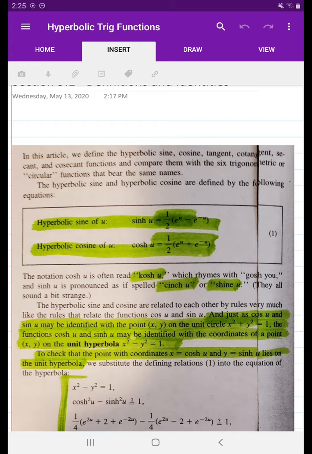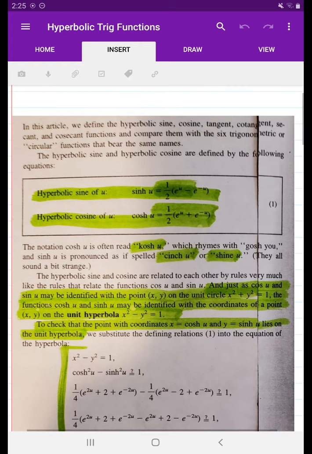You can take every single one of the normal trig functions and rewrite it in terms of sine and cosine. With the hyperbolic trig functions, the same thing is true. So we're going to start off by talking about the hyperbolic sine and the hyperbolic cosine of u, or any general function or variable.